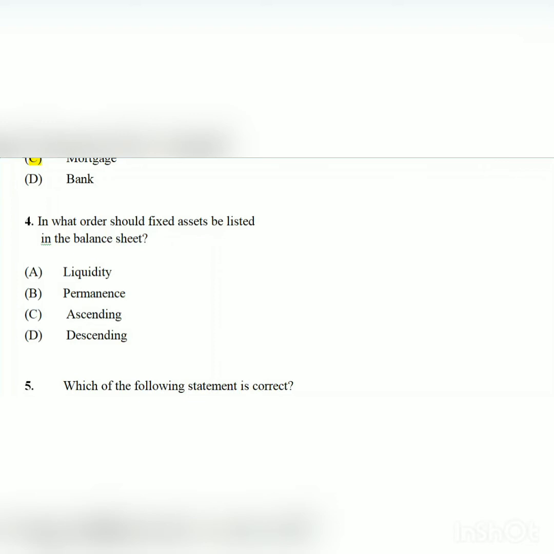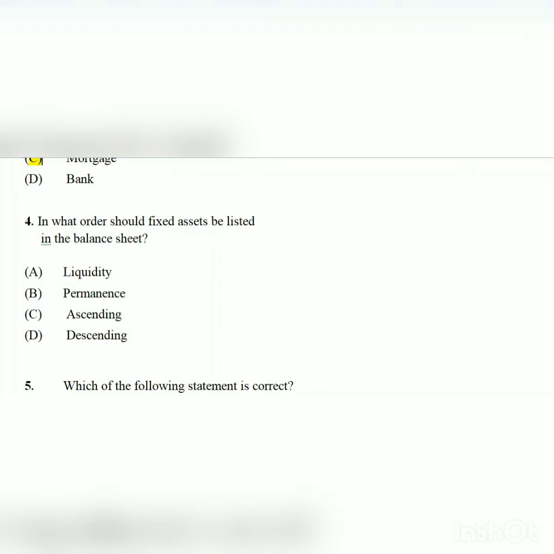So we have liquidity, we have permanency, we have ascending, and we have descending. Now, by way of elimination, we know that ascending and descending have to do with numbers, the arranging of numbers, either from smaller to larger or larger to smaller. So C and D would be out. So our 2 options here would be liquidity and permanency.